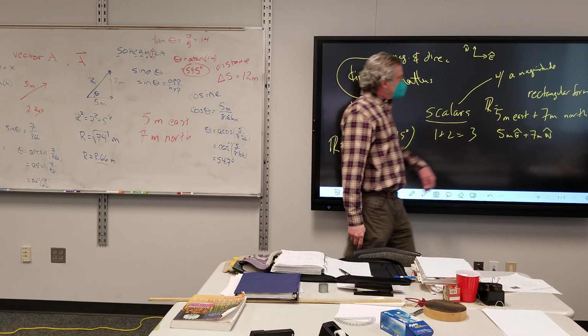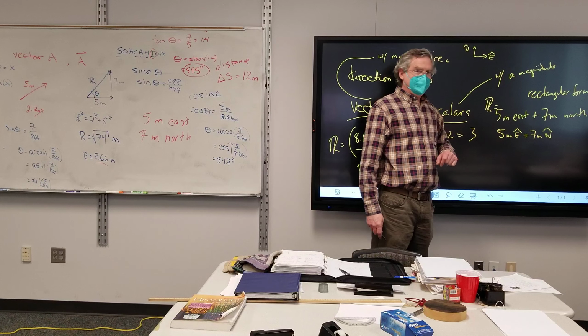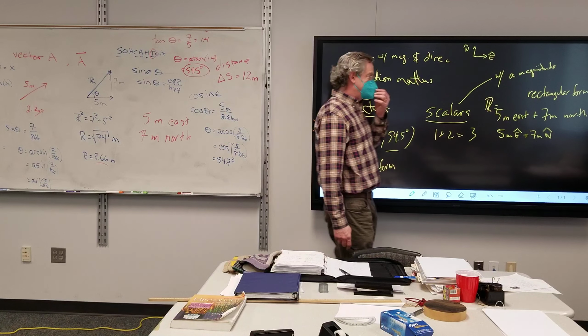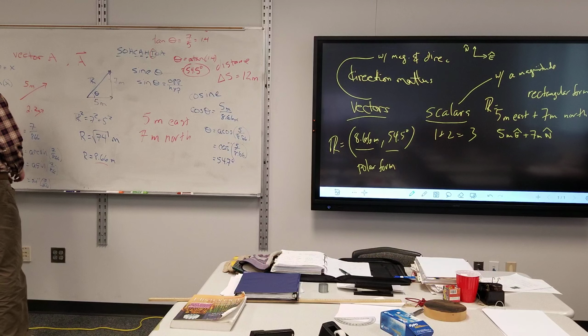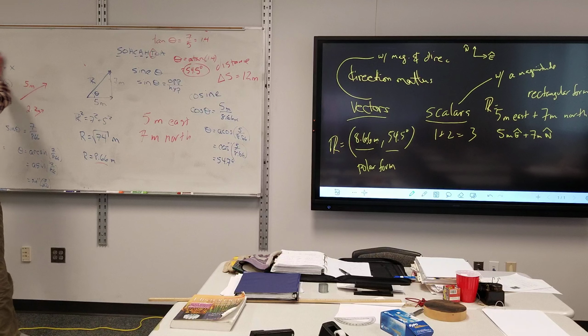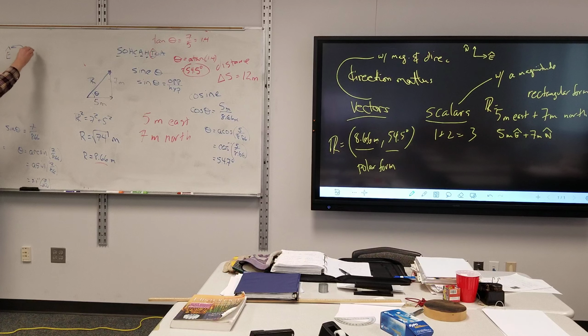If you ever see a vector with a hat on top of it, this is known as a unit vector. This indicates unit vector.